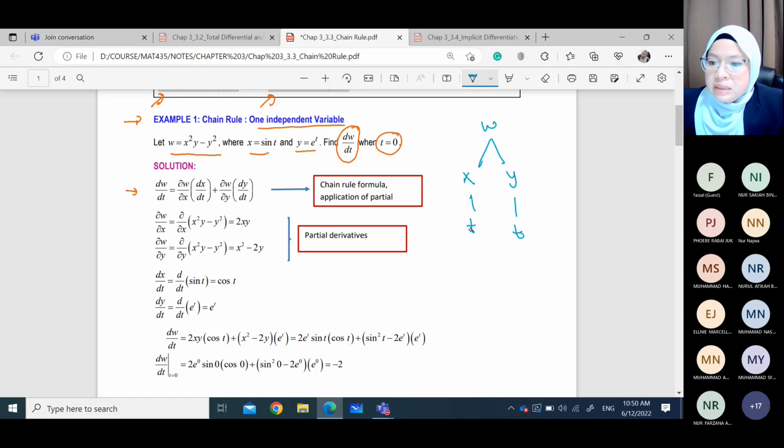The variable here is t, so x, y, and w all depend on t.